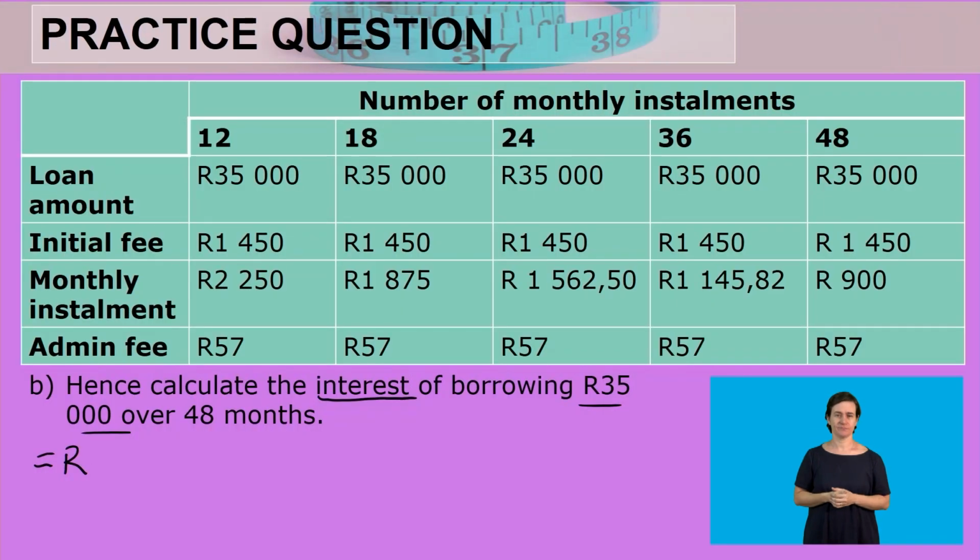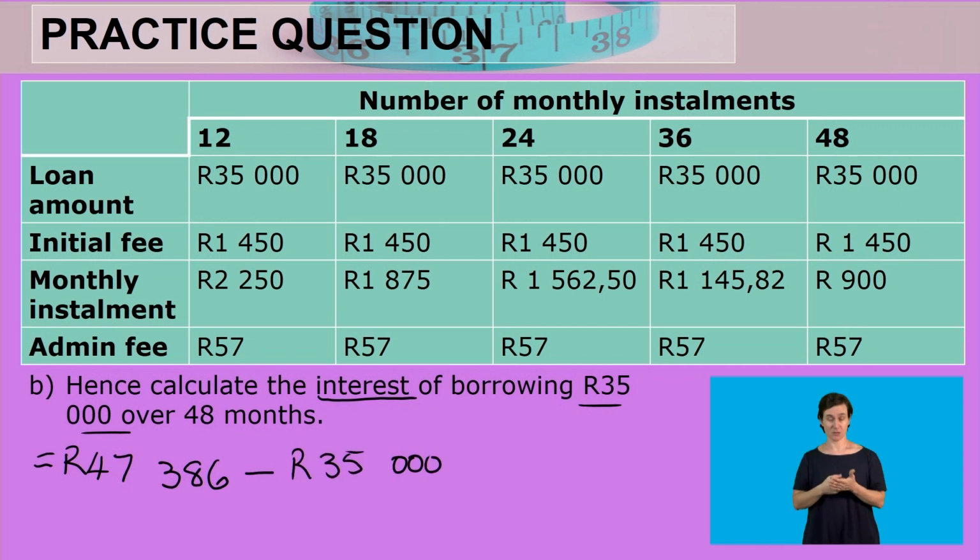which was 35,000. So now, having our answer in A, we have said the total amount that will be paid back will be 47,386. So we are going to subtract our loan amount, which is 35,000. So we need to find the extra value that has been added on that.